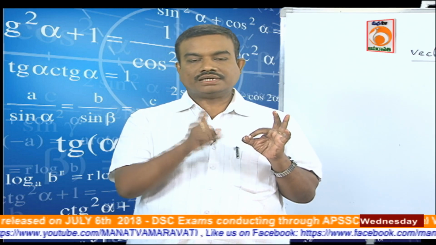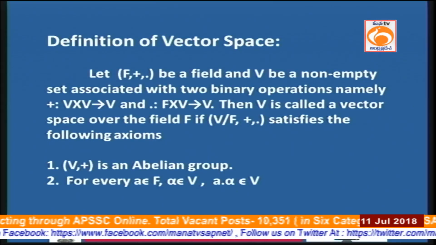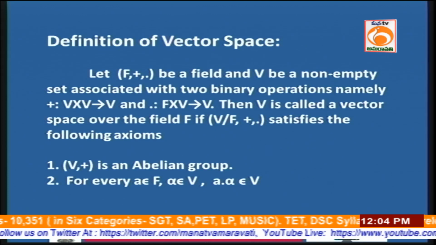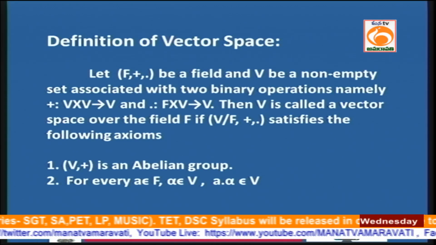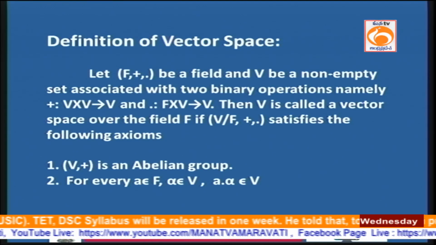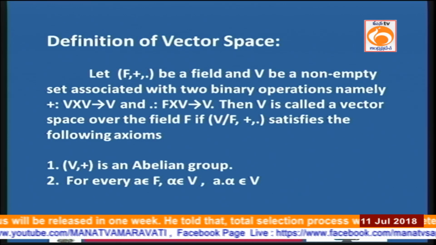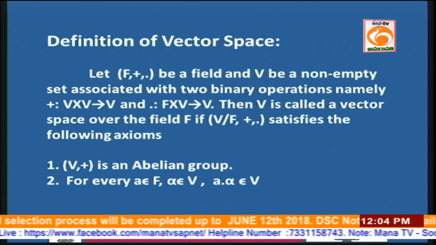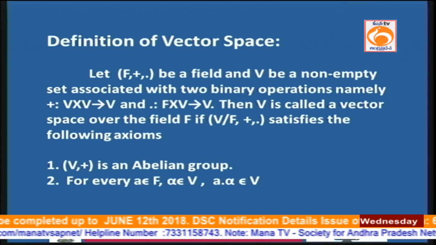Then V is called a vector space over the field F if V over F, with plus and dot, satisfies the following axioms.